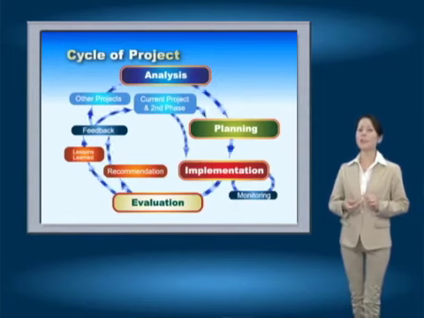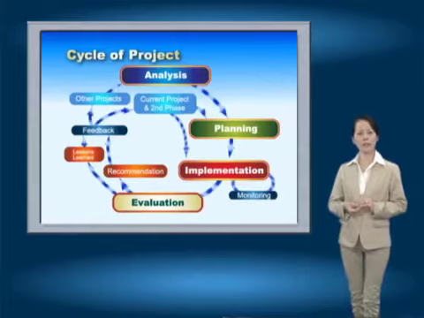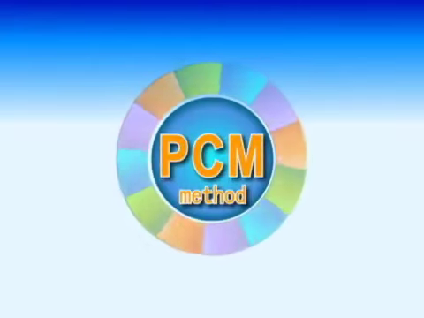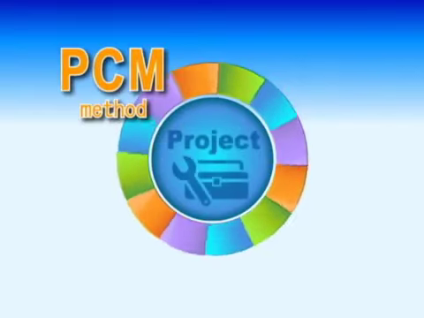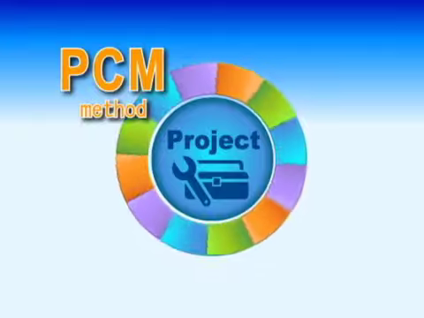Now, let us look back at what we have discussed in this Unit 1. In the PCM method, a project is regarded as a tool to solve problems, and the problems are solved through a series of steps in a form of a cycle.